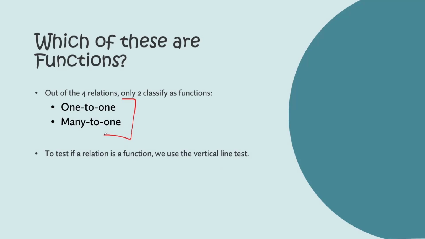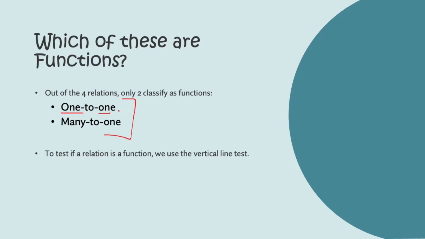What the vertical line test shows us is that a relation can only be a function if it gives us a single y output for every x input. Every input that we put in can only give us a maximum of one output.